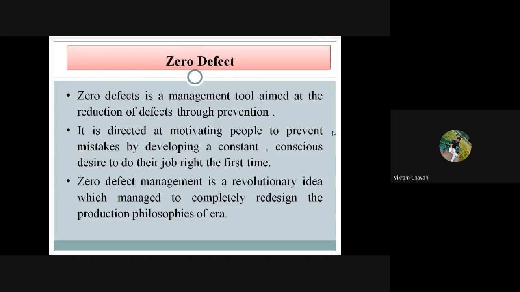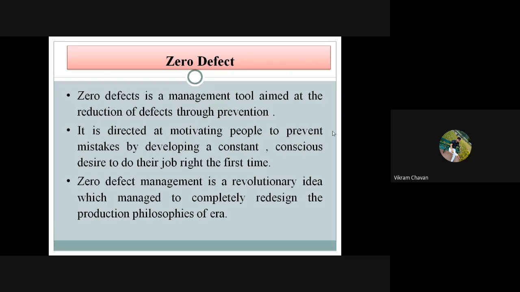And that should be percolated into the different departments. The worker should be conscious that we should not make any mistake, and a mistake will lead to a defect. So for that purpose, the motivation should be given by the management.